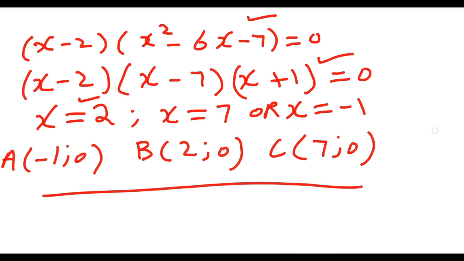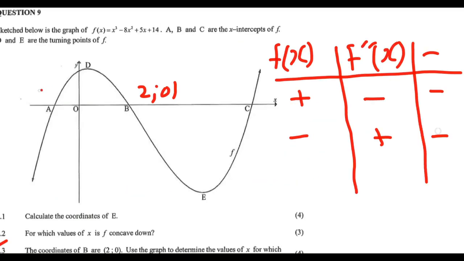So these are my 3 x-intercepts. Now use the result from question 9.2, where we already got the point of inflection, 8 over 3. This is my point of inflection.